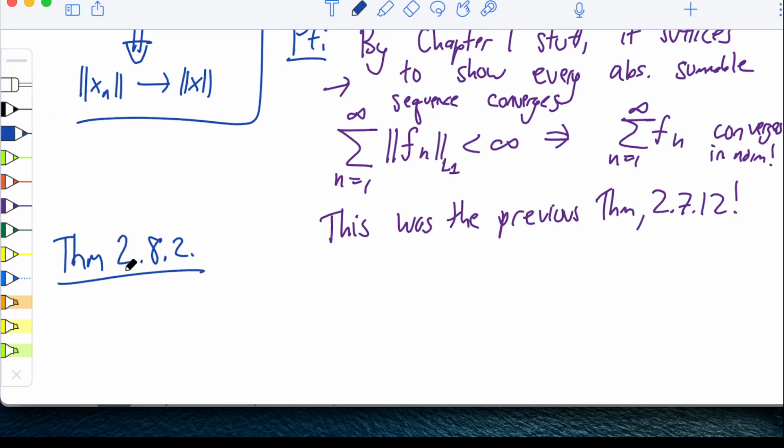Okay, Theorem 2.8.2. If fn goes to f in norm, so you have convergence in norm, then what? We would like to say, it would be great if fn goes to f almost everywhere, but that simply is not true. But what is true is you can always find a subsequence so that it does converge.